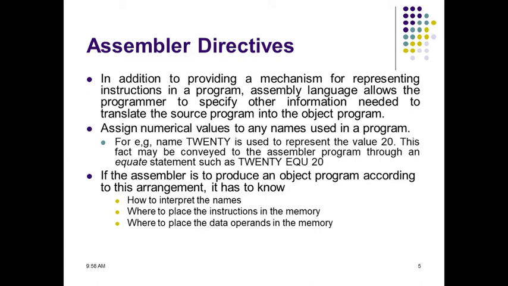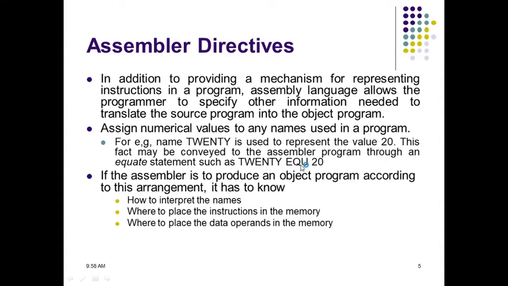Suppose that the name SUM is used to represent the value 200. This fact may be conveyed to the assembler program through a statement such as SUM EQU 200. It means that this name is used to represent the value 200, for example.